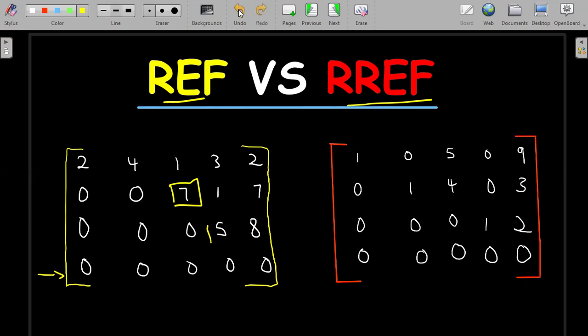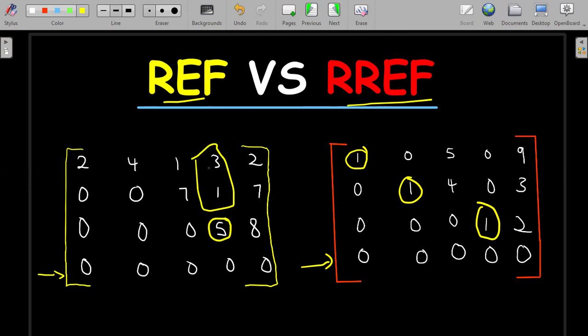When we come to the reduced row echelon form, the pivots should always be ones like that, and the zero row should be at the bottom. In the column where we have our pivots, they should be the only non-zero entries. If we compare to the row echelon form, if this is my pivot, I also have 1 and 3 here, which are non-zero.